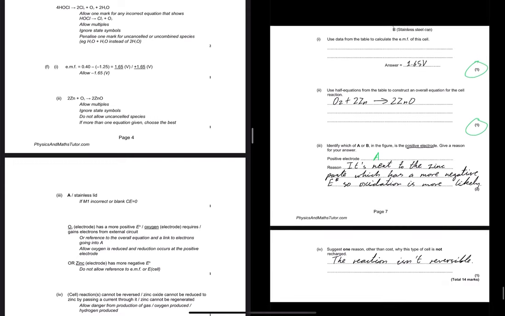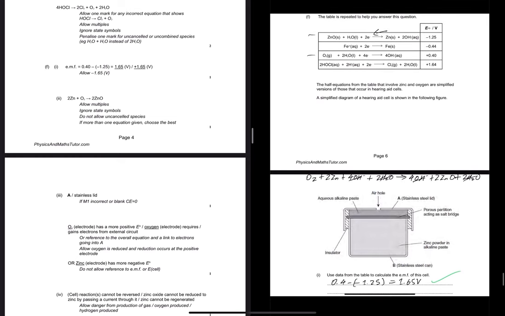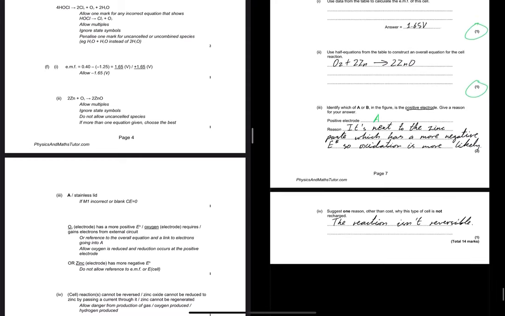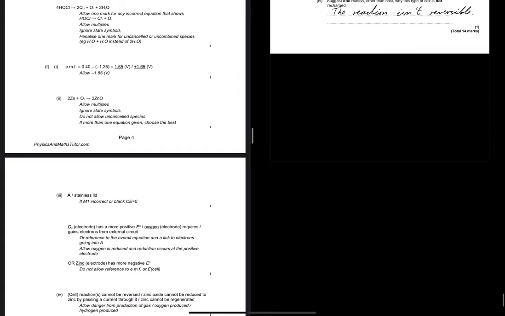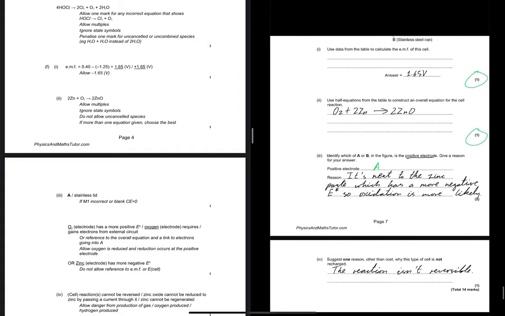Positive electrode. So that'll be A, because that's where reduction is more likely to happen. The more positive electrode is where reduction is more likely to happen, because it's more positive. The next is zinc plate, yeah, and that's going to be because the O2 electrode is more positive.